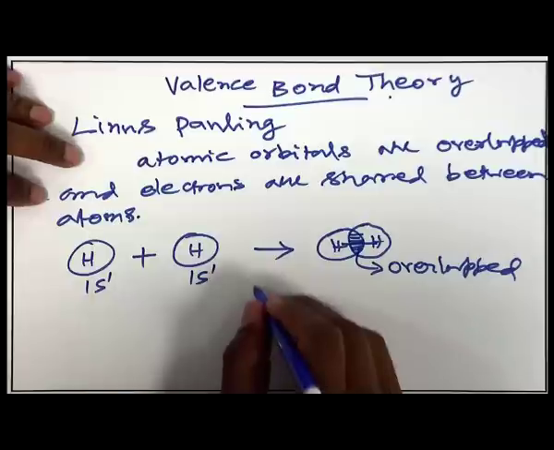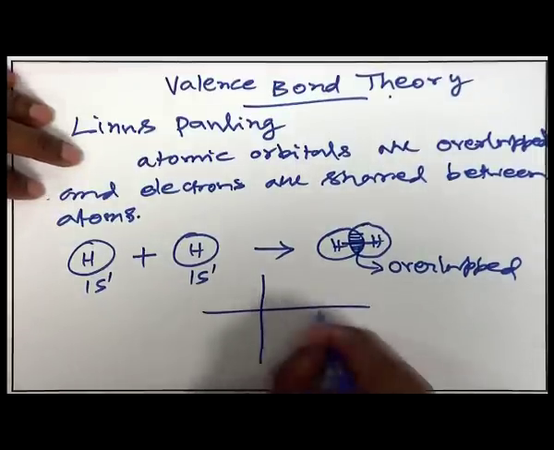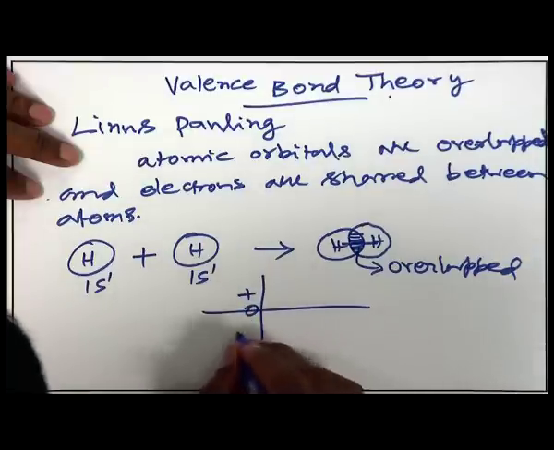As they get closer and closer, they start interacting with each other, the energy decreases and reaches a minimum value at which the energy is lowest and the bond is formed, which is described by this potential energy diagram. Energy here is 0, this side is positive energy, and here is negative energy.